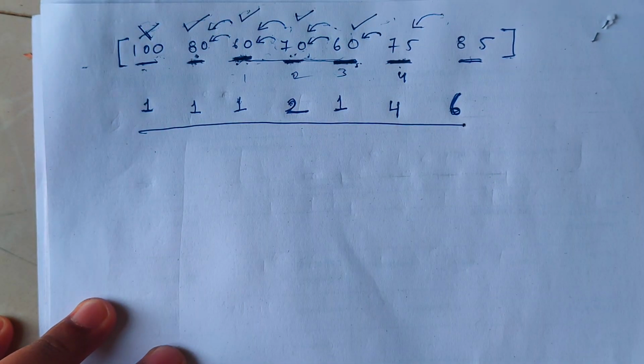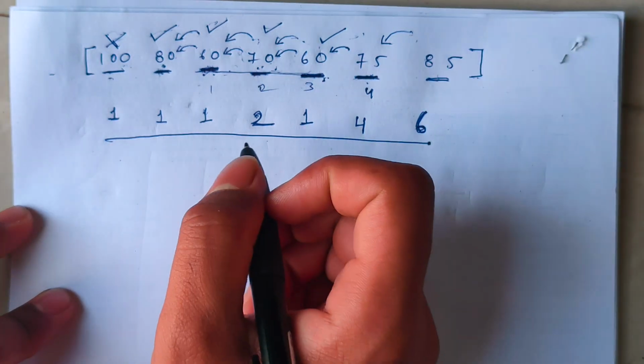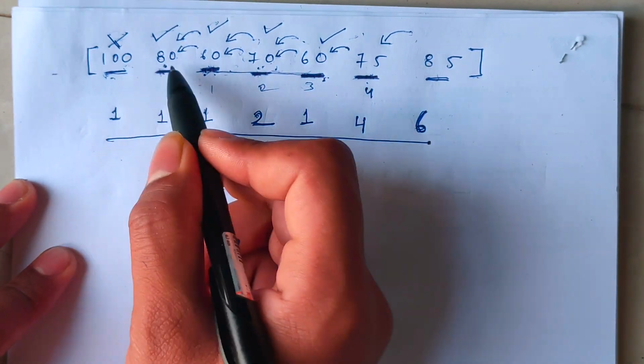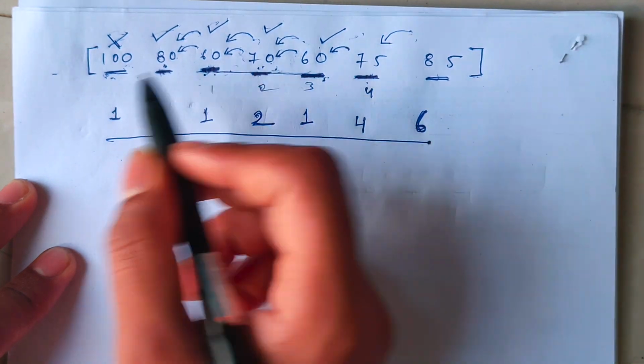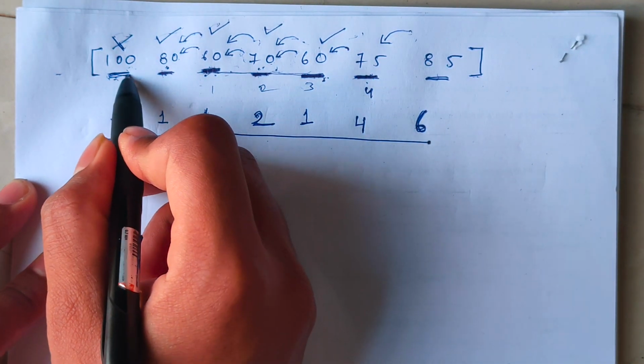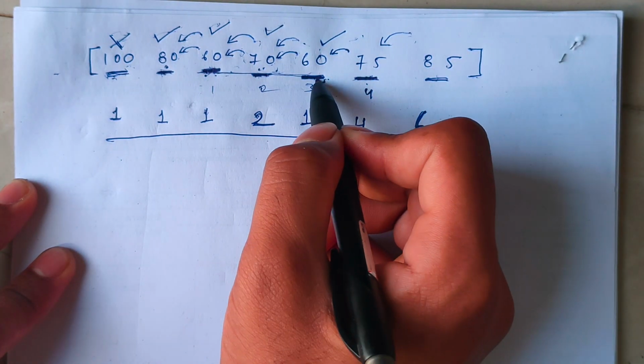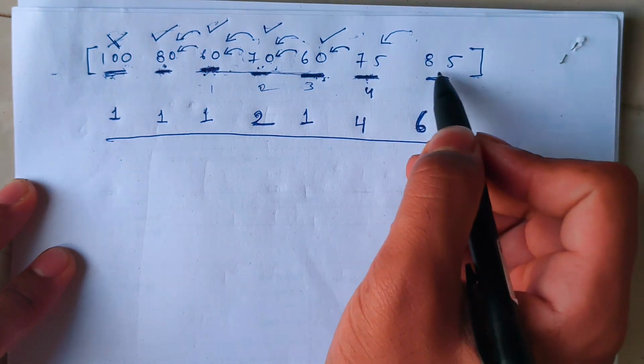So in this algorithm, what we are doing, we're iterating through each and every element first, right? First we are iterating to 100, then 80, then 60, then 70, then 60, then 75, then 80.